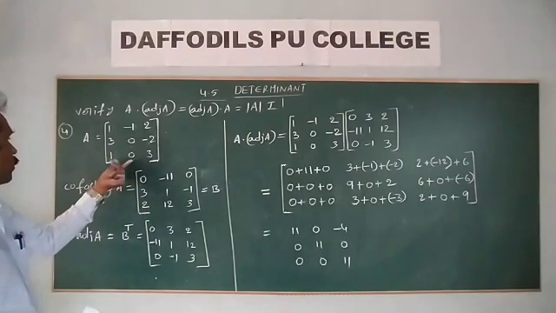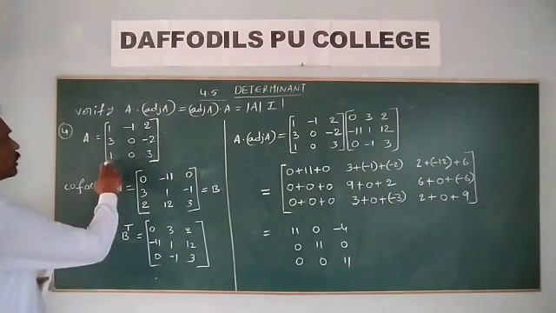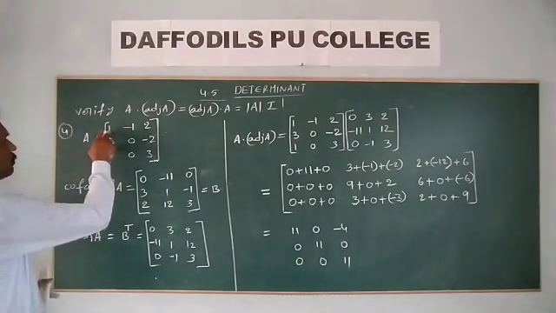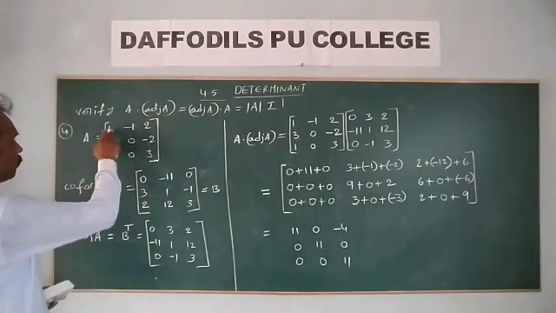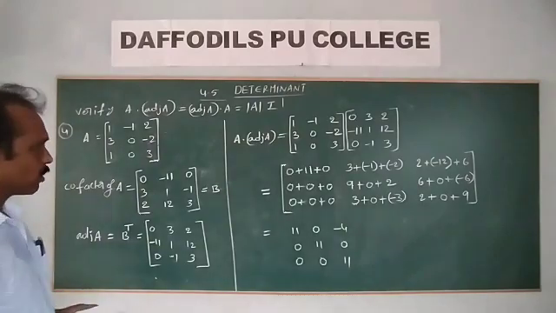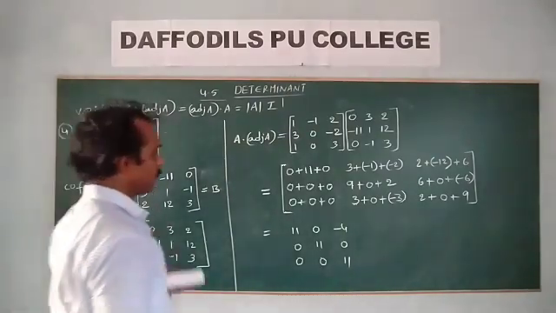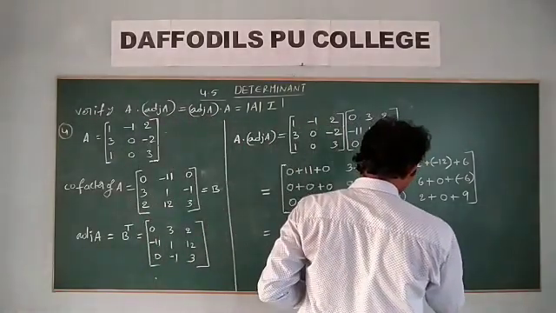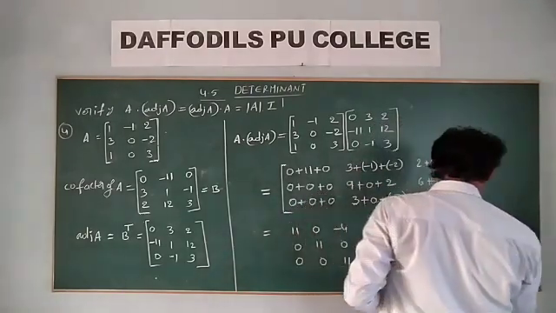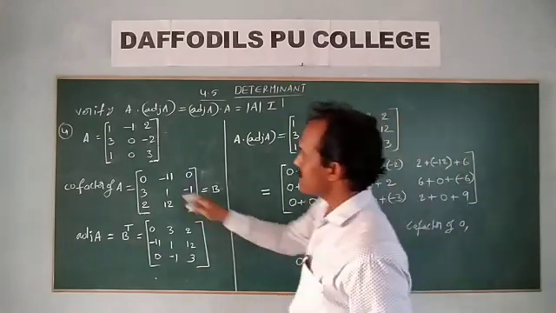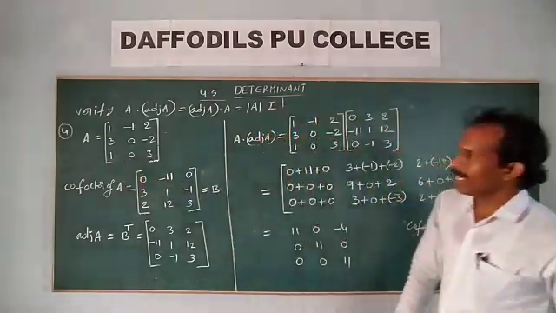This element: deleting this row and this column, minus 2 plus 6. Right, the cofactor of 0 means this element present in A.